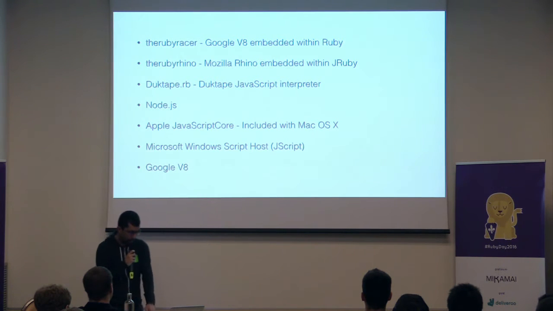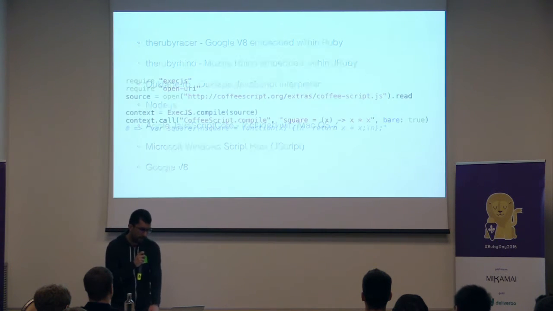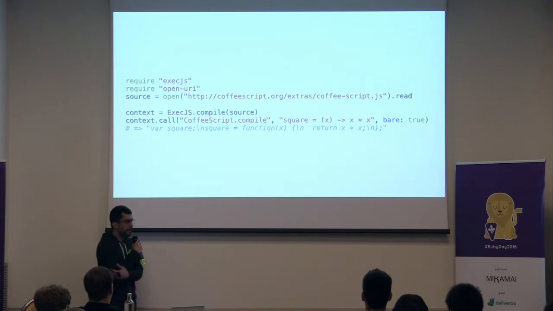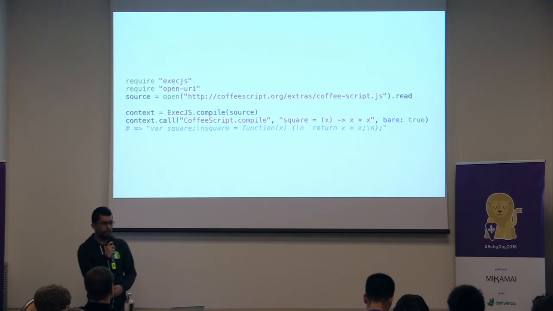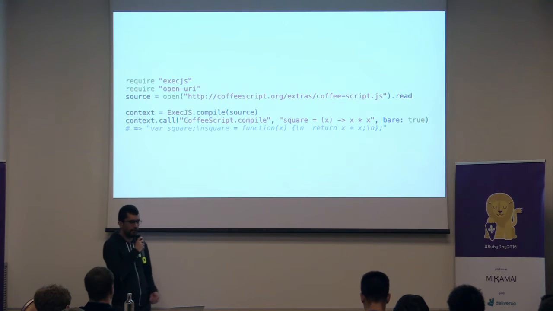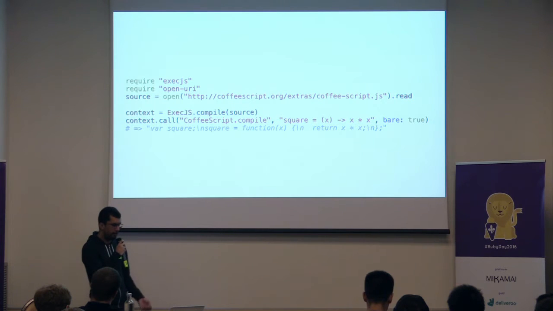And ExecJS is made mostly for projects that we don't want to build again. Like, we already have a CoffeeScript compiler made in JavaScript. We do not want to do the same compiling in Ruby again. So we actually execute the CoffeeScript compiling inside Ruby using ExecJS.